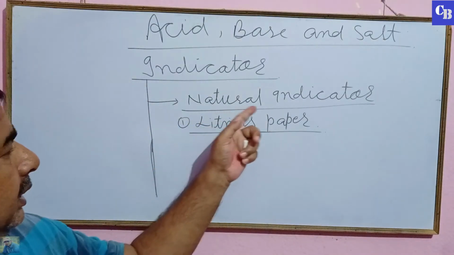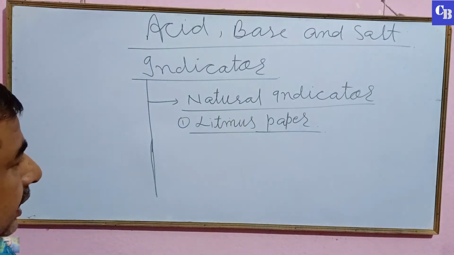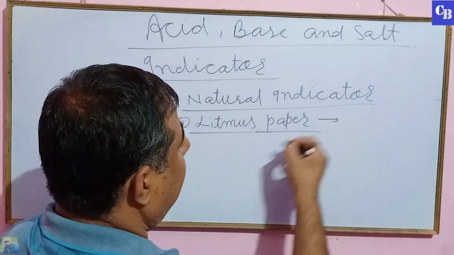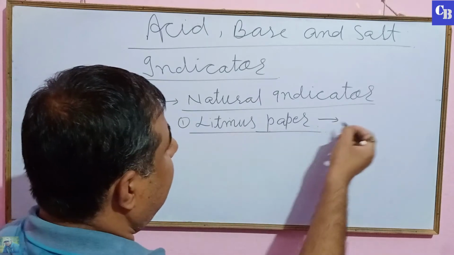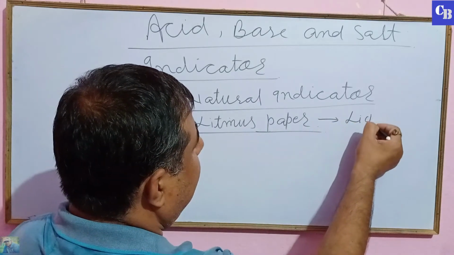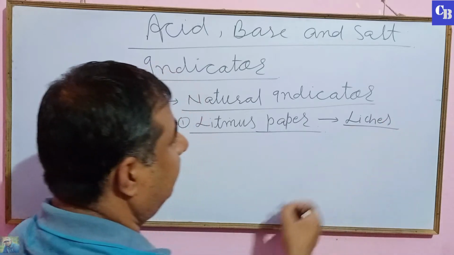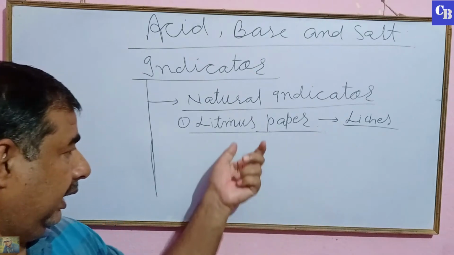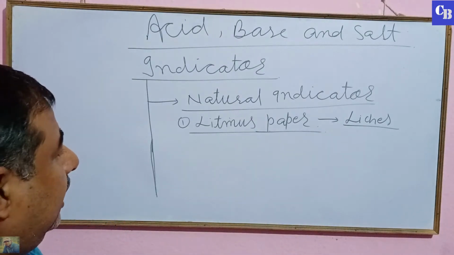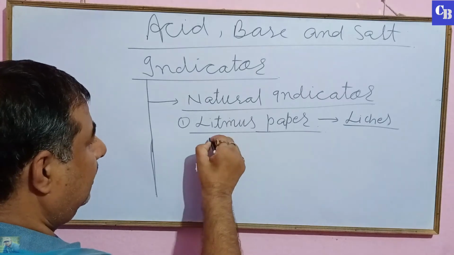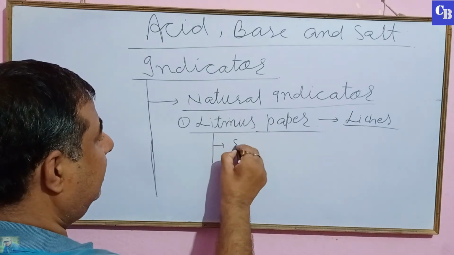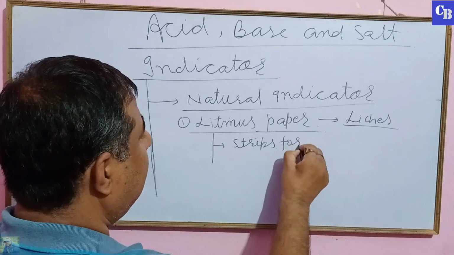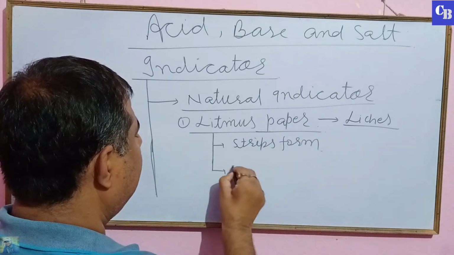Since a natural indicator is obtained from nature, it is called a natural indicator. It is available around us. Litmus paper is obtained from lichen plants, and it is purple in color by the chemical process. It is available in two forms, either in a strip form or in solution form.